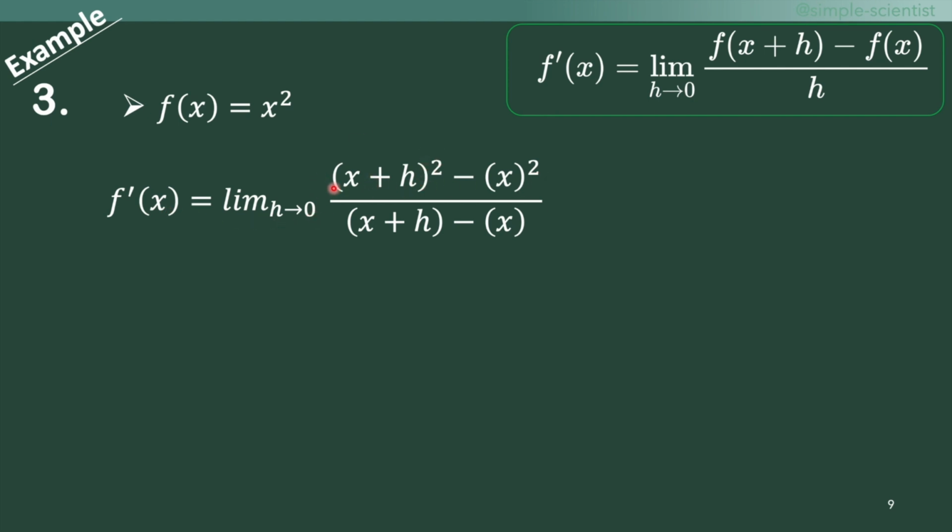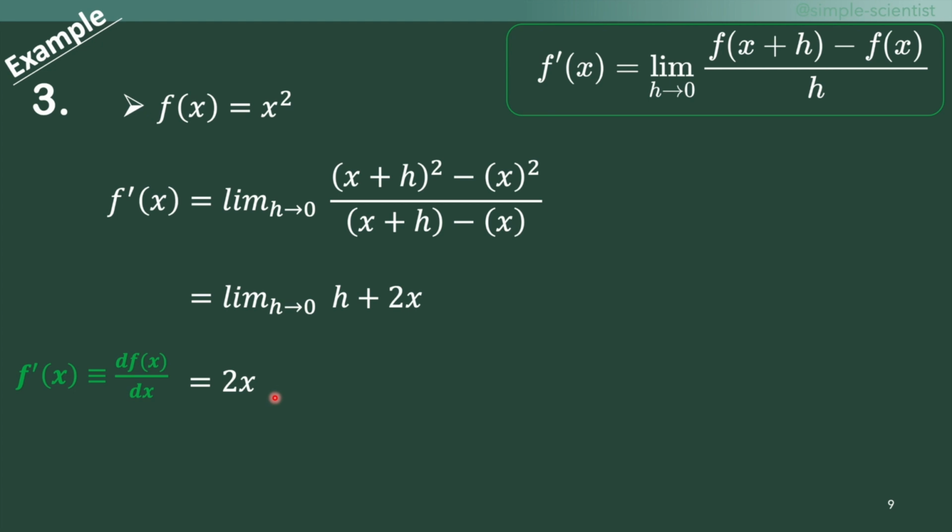So we now calculate x plus h raised to power 2, which is easy to calculate. So finally, after doing some calculation of x plus h square, we get h plus 2x. So now take limit h approaching 0 would give us f prime x equals 2x.